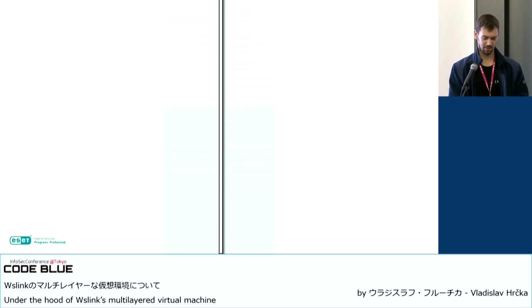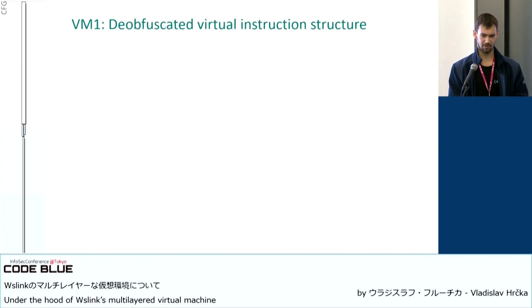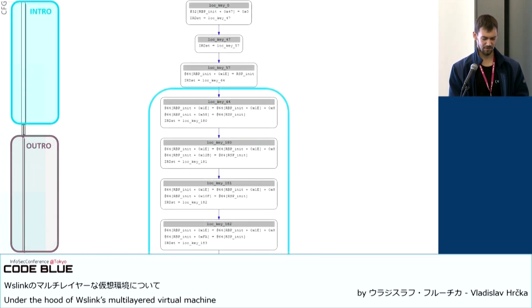So this is a result of the first bytecode. We can summarize the results into 3 parts: an intro, an outro, and the body of the instruction. Here we see the virtual instructions from the first VM.